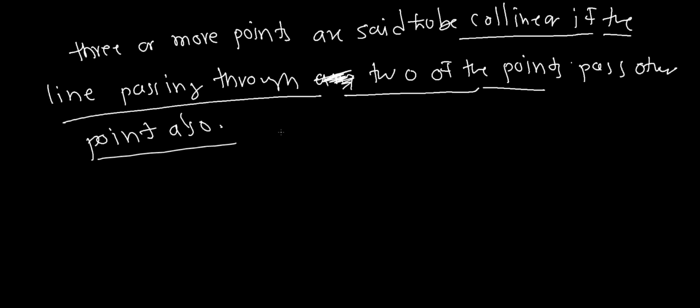So basically the line passes through all of them, A, B, C. So here are 3 points and the line passes through all of them. So these are collinear.